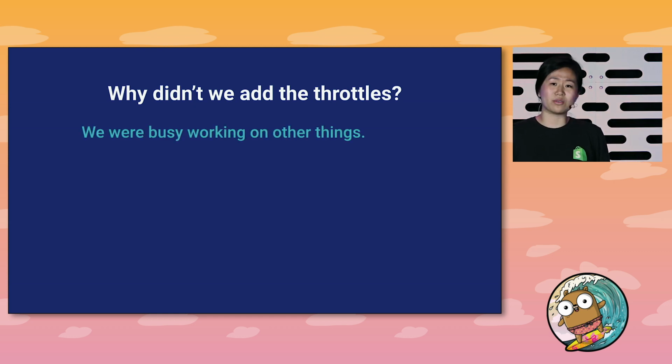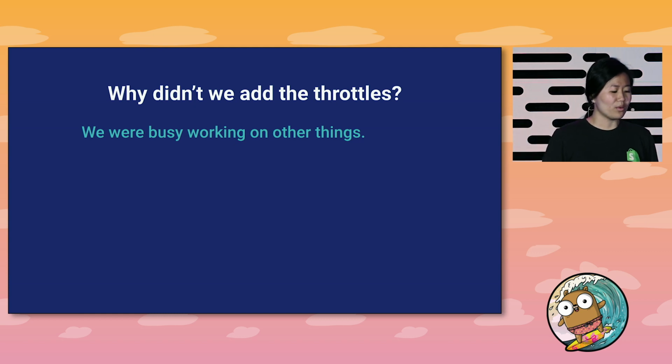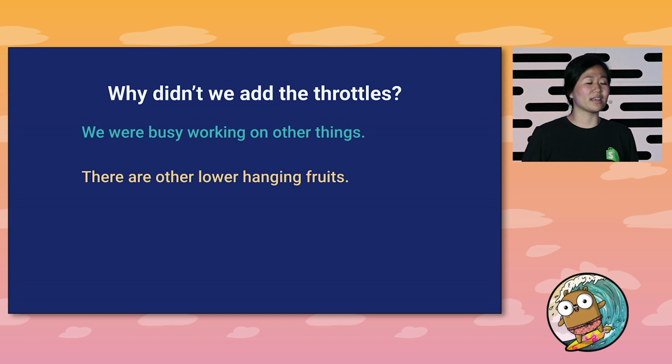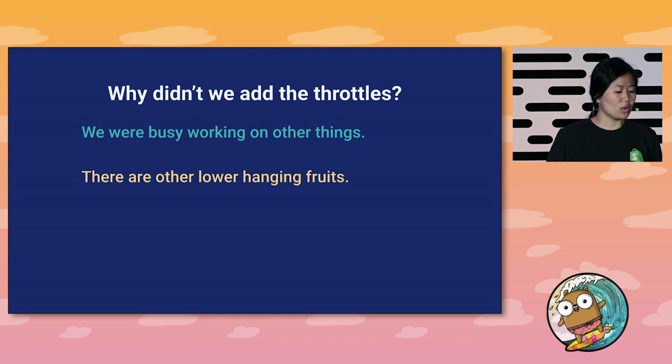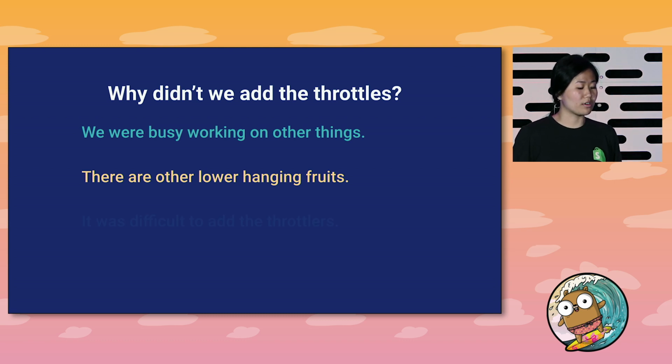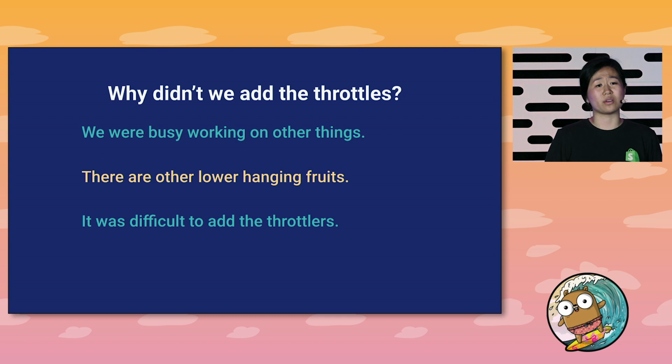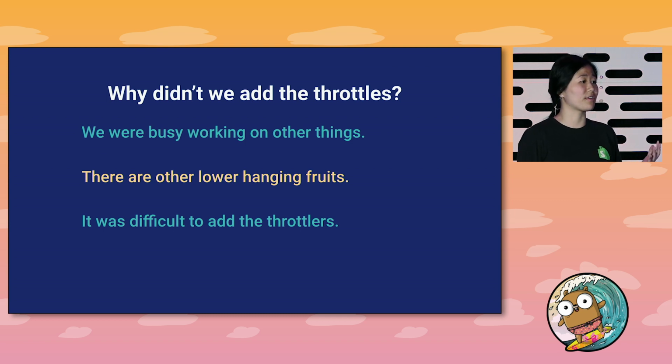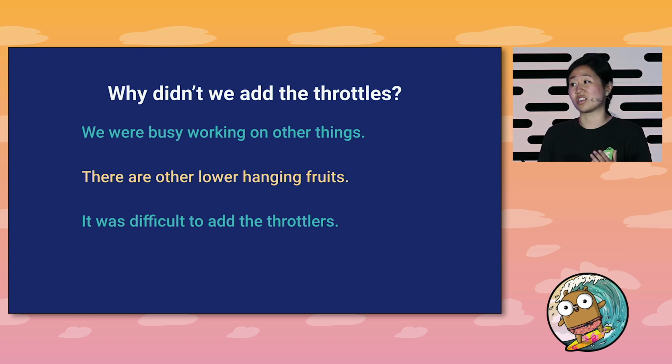So why were we busy working on other things? Well, there were other low-hanging fruits. It seems like there were other tasks that were easier to do but gave us more impact at the time. So why were there lower-hanging fruits? It was difficult to add the throttles. You have to write custom code in between each component. They often are different.